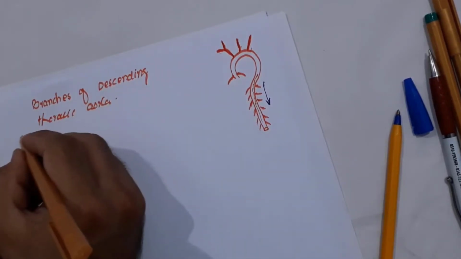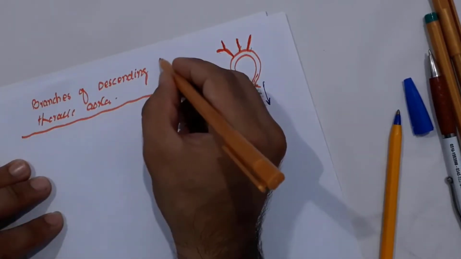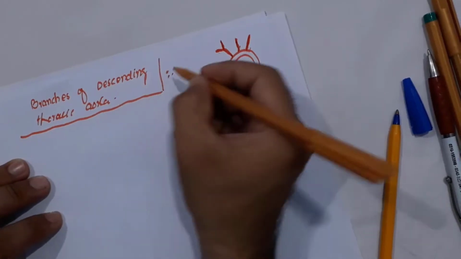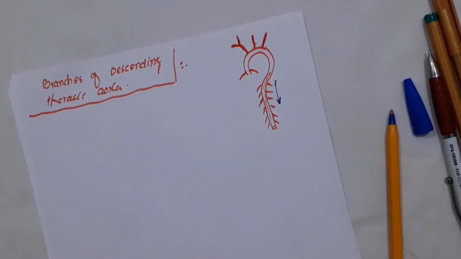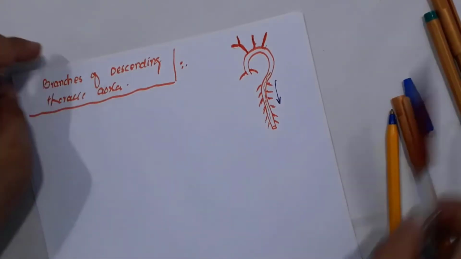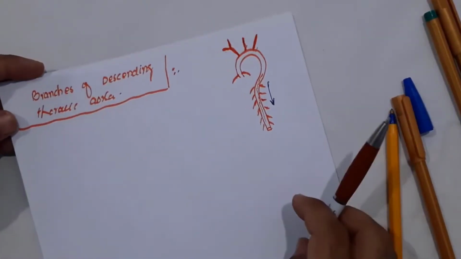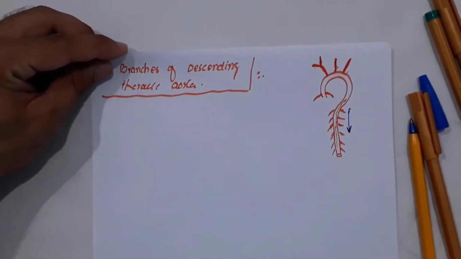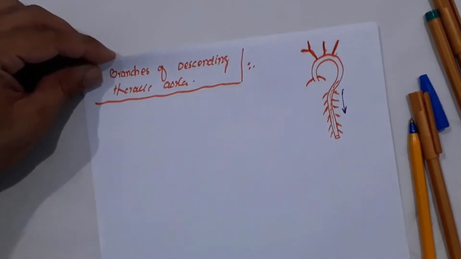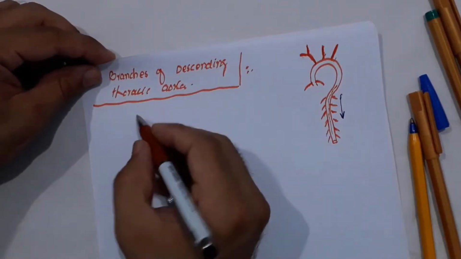In this lecture I will not only discuss these arteries, but we will also discuss the blood supply of the thorax. So let's begin. Branches of the descending thoracic aorta.